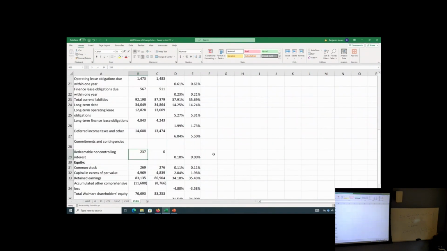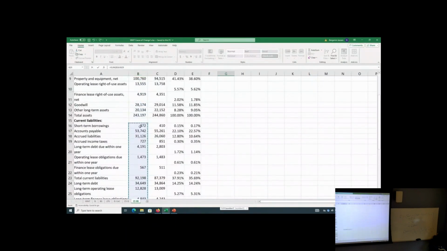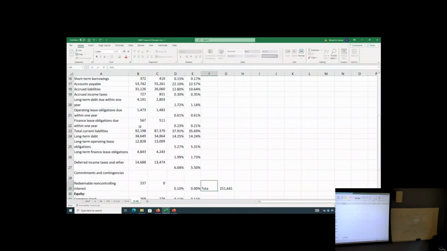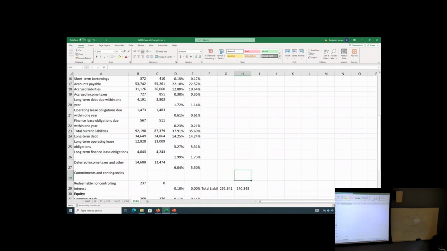All right, so if we added up all these liabilities, which, yeah, they didn't explicitly do, we'll just put off to the side here. Total liabilities increased from 240 to 251.